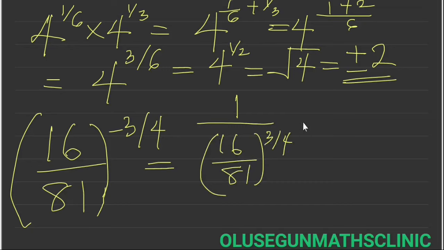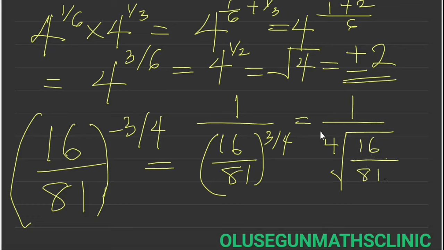Now, since it is 4, you take the fourth root. 1 over the fourth root of 16 over 81, all raised to power 3.